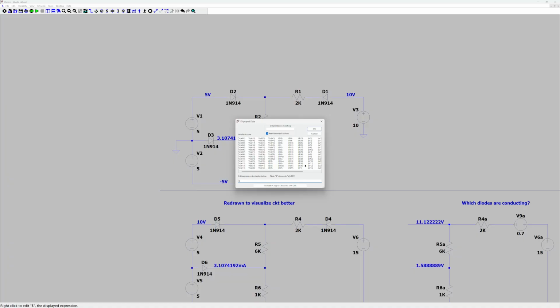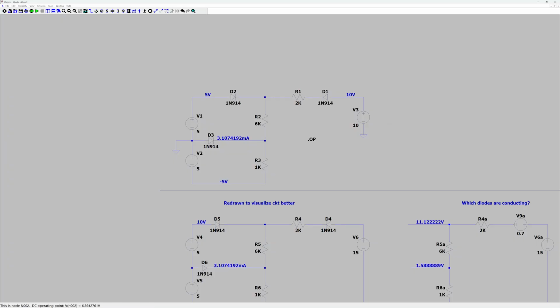It sets the alias to the voltage on the node you clicked. So if I were to click on this node that has nothing on it, it'll show me the voltage that's there relative to ground. Okay, and so that's what all of these things are.